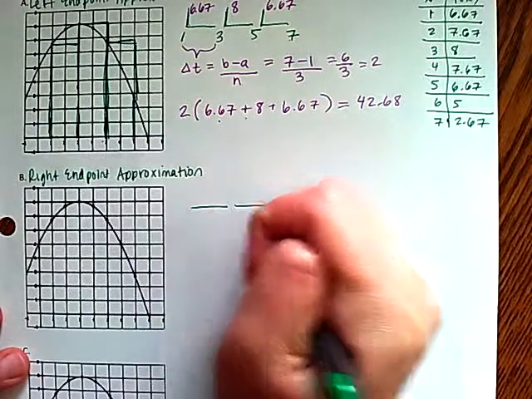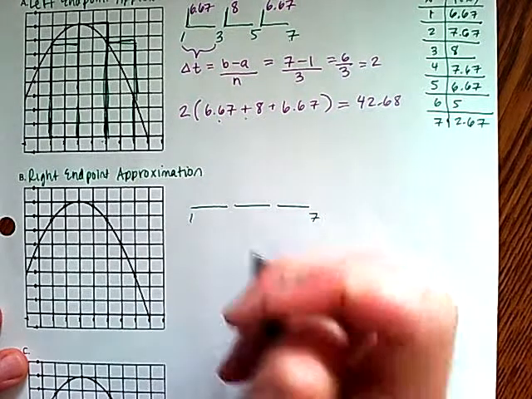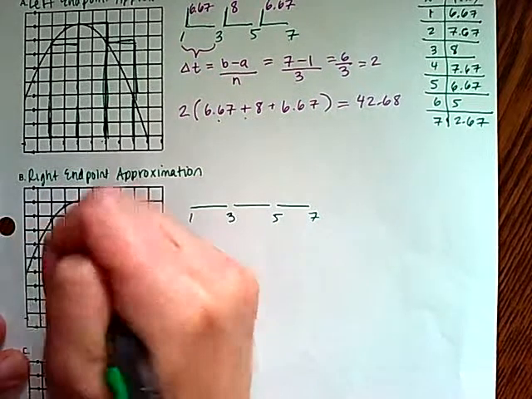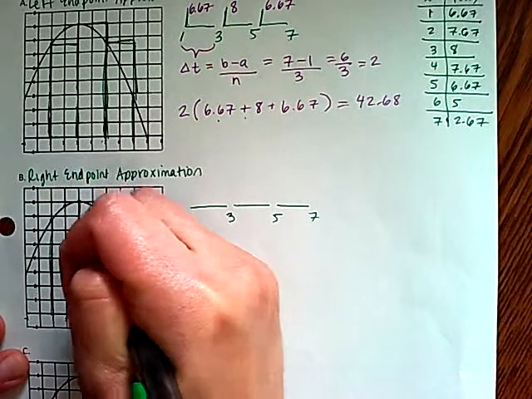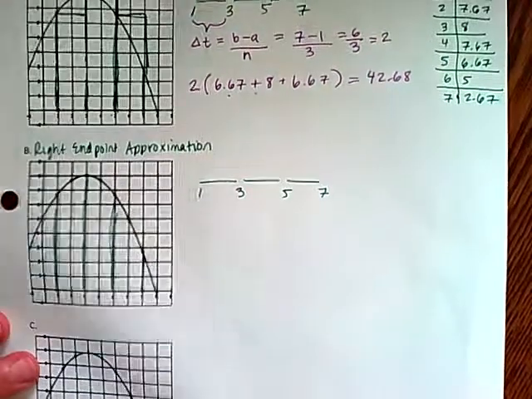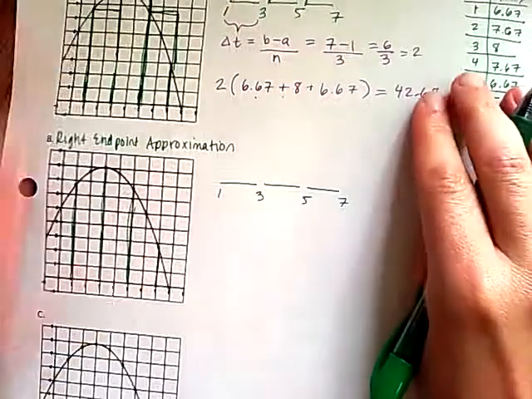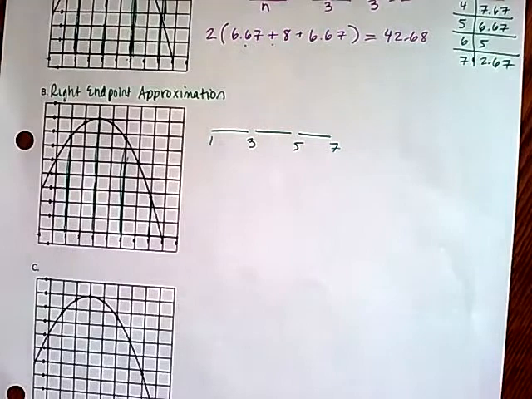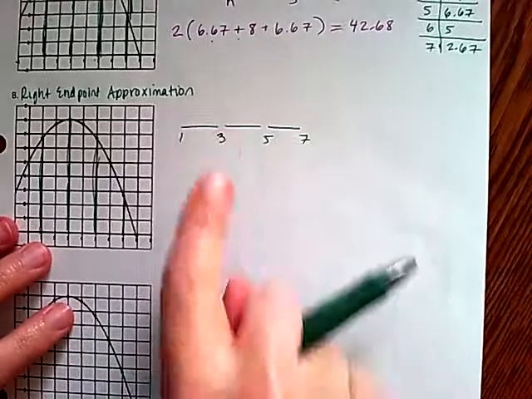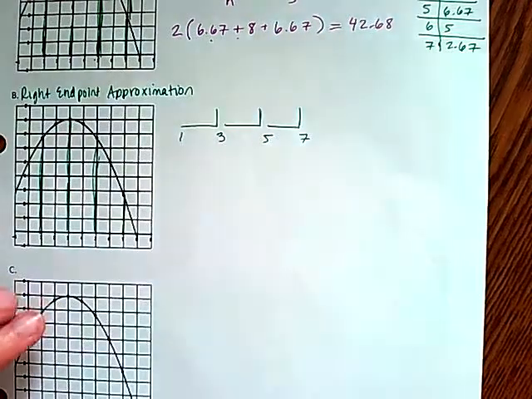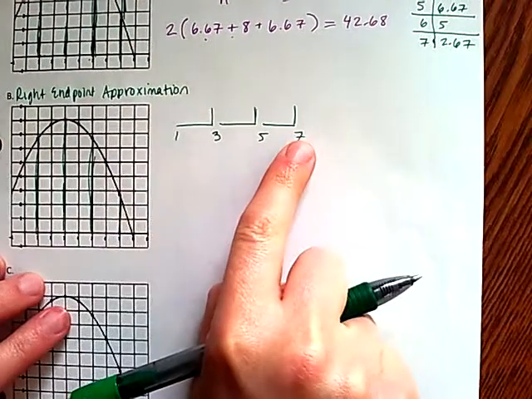So 1, 2, 3, from 1 to 7, and I'm dividing them up in the same way, so it's going to start the same. But the place at which I cap them off is now going to be the right endpoint instead of the left endpoint. In my visual, that means drawing up the right side of each segment of the visual aid.